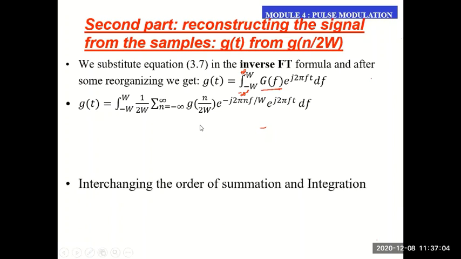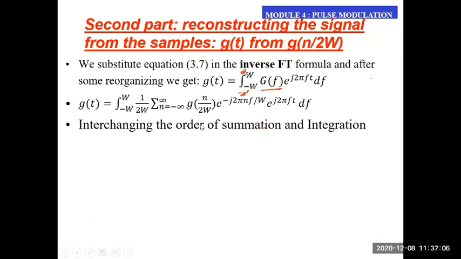And what is the expression you're getting? In this part, we have just substituted what was g of f.